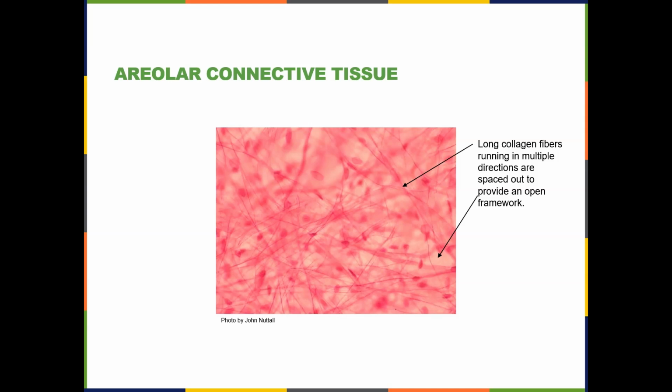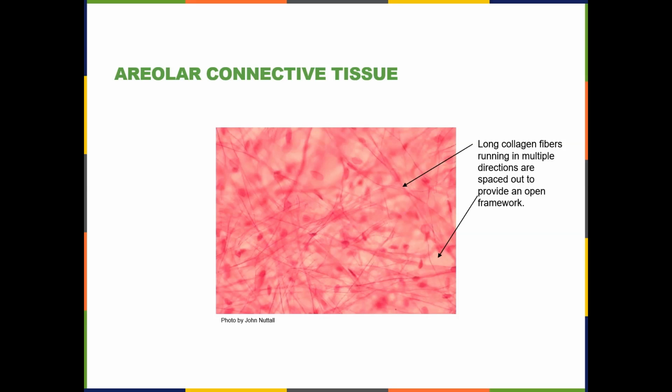Adipocytes are also found in areolar connective tissue, as well as a variety of leukocytes. Here we can see that areolar connective tissue is a very loose connective tissue proper, where there's lots of space in between the collagen fibers, and the fibers are running in multiple directions.